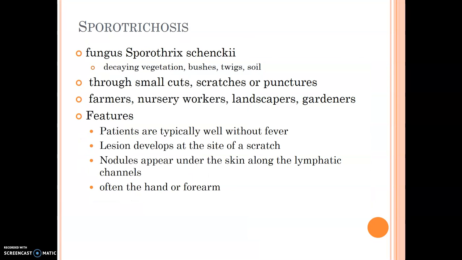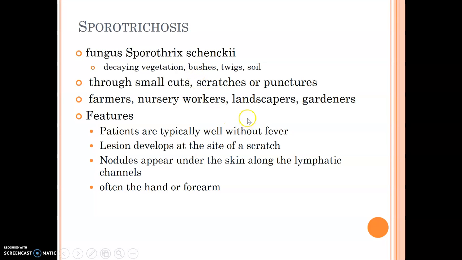Okay, sporotrichosis. Sporotrichosis is caused by a fungus, Sporothrix schenckii. Basically, it's just the name of the fungal organism. Usually the history is because this organism is found in the soil and vegetation.